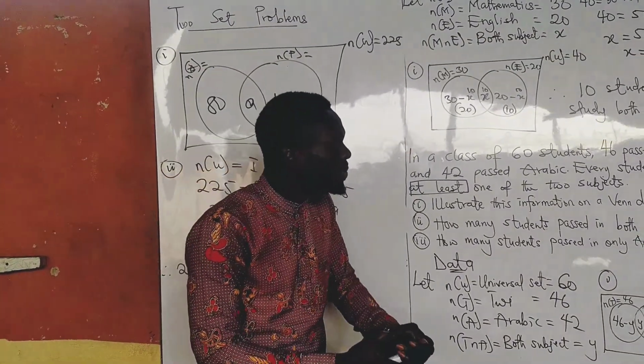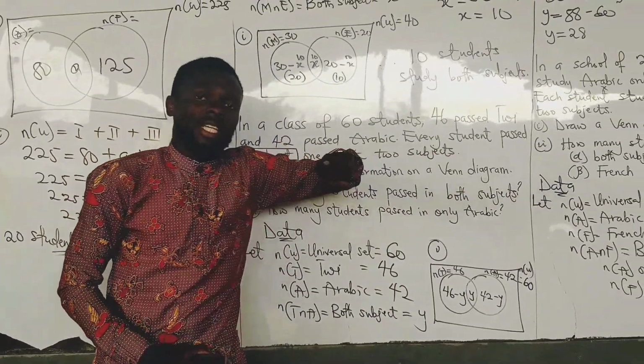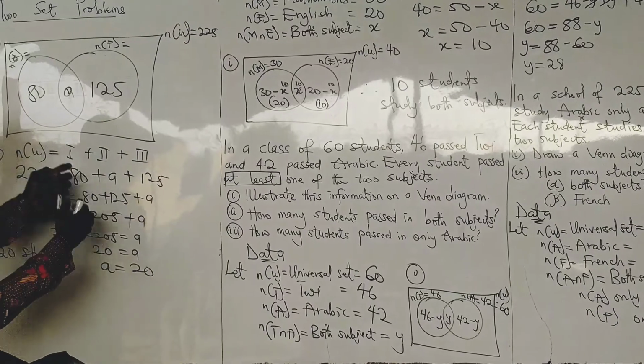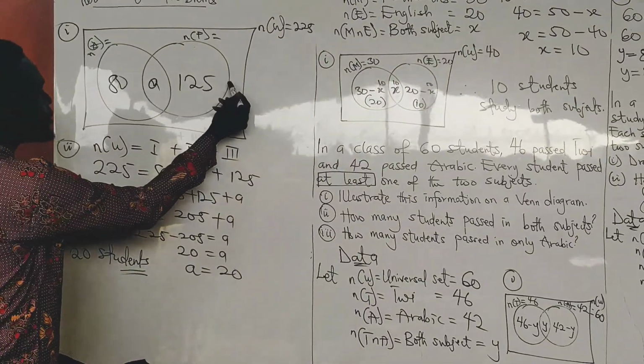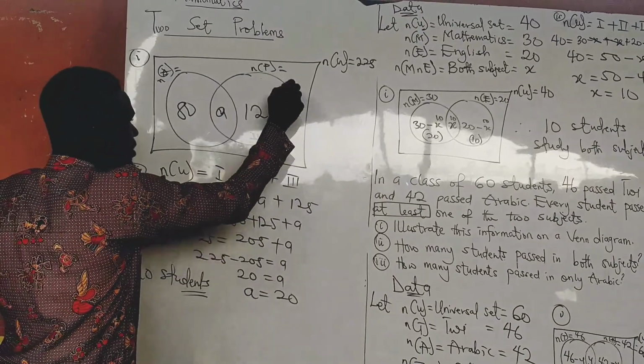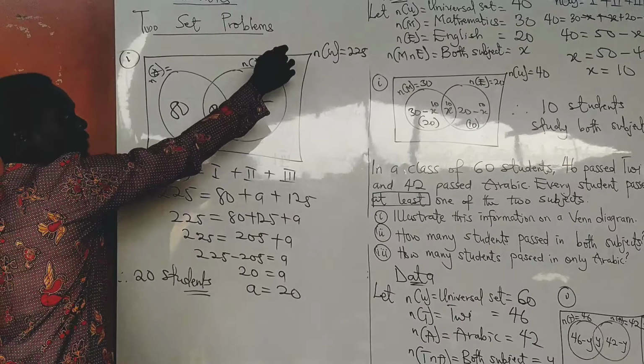Now when you continue, you have been asked to calculate French. The French is the whole circle for the portion French. So when you come to the diagram here, the portion for French is this. This is the French. So the region here plus this region will give you the French.